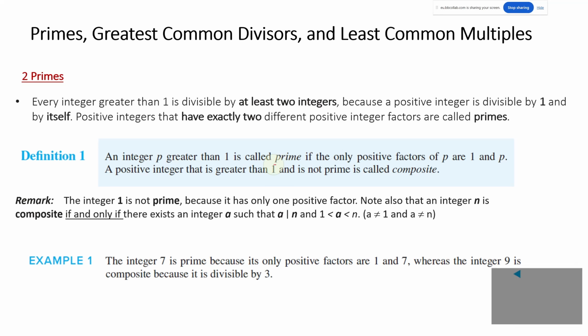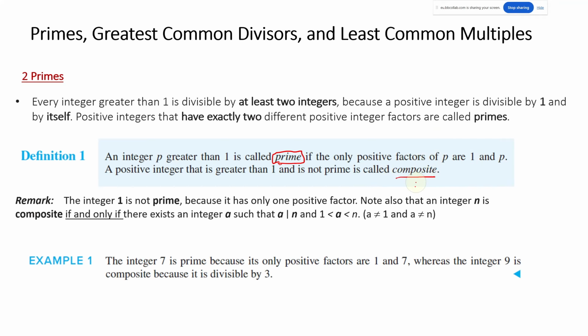That's what a prime is. Anything that is not a prime, which means I can find some other number that divides it, or it has some other factors, is going to be composite. So we have either primes or composite numbers.